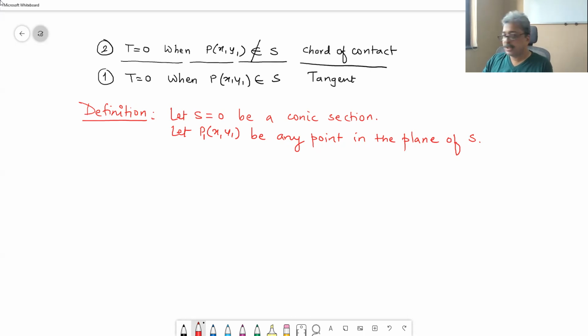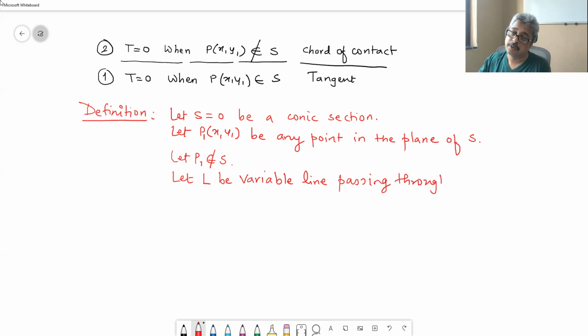Then what should we do? Then let P1 not belong to S. Let L be a variable line passing through P1.